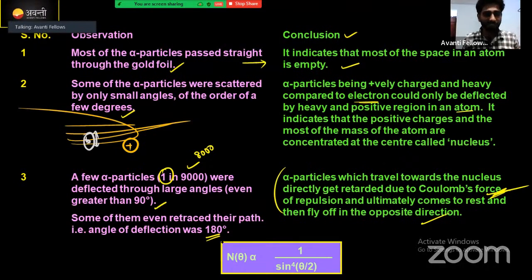You need to calculate this sometimes; in NEET as well as JEE, questions appear from this topic. You need to calculate through this formula: the number of alpha particles scattered at some angle theta is inversely proportional to 1 by sine to the power of 4 theta by 2. Note this down.